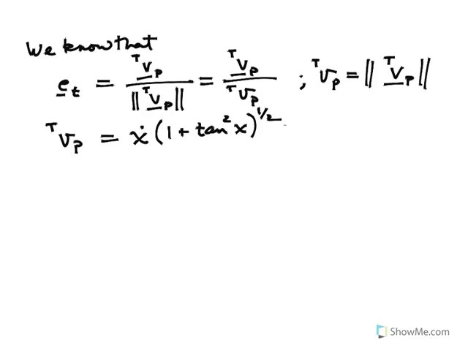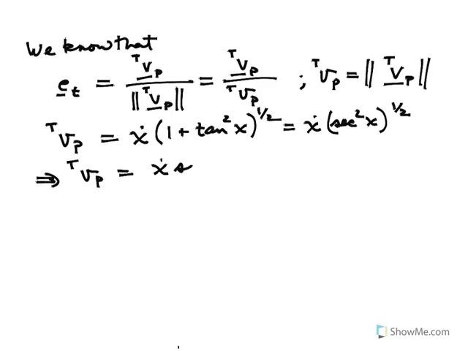So this equals x dot times secant squared x raised to the 1/2, since 1 plus tangent squared x is secant squared x, which gives us that the speed is equal to x dot times the secant of x. And that gives us a starting point now for being able to express quantities in terms of the intrinsic basis relative to the track.